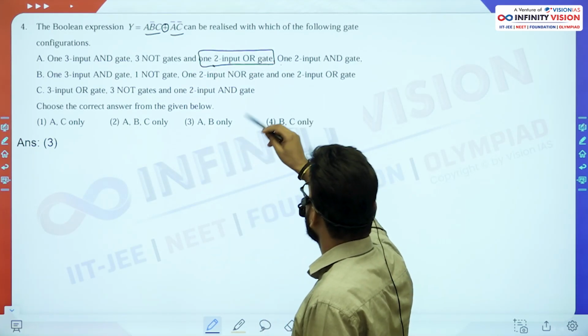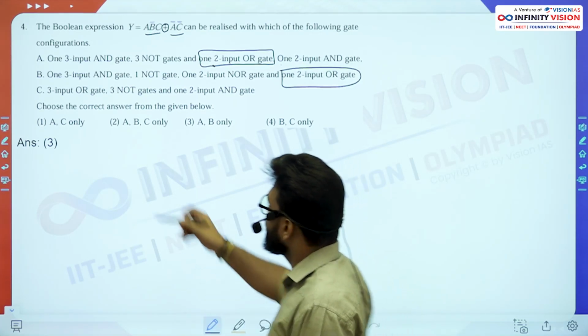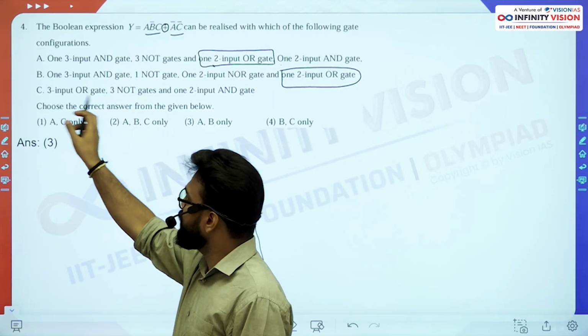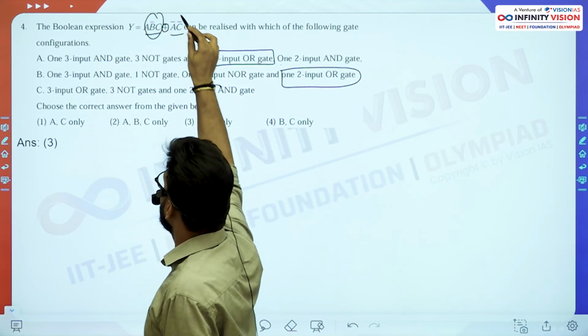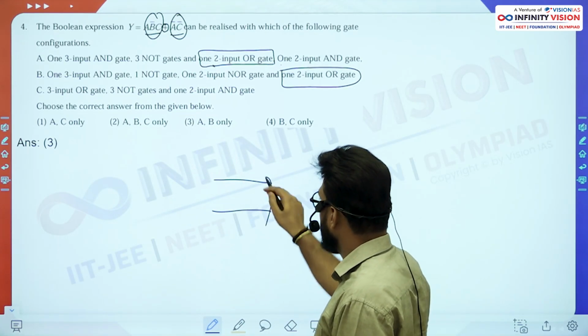Here also you will need a 2-input OR gate. Here in the third option there is a 3-input OR gate, which is not true, because these two would be only 2 inputs which will be fed into the OR gate.